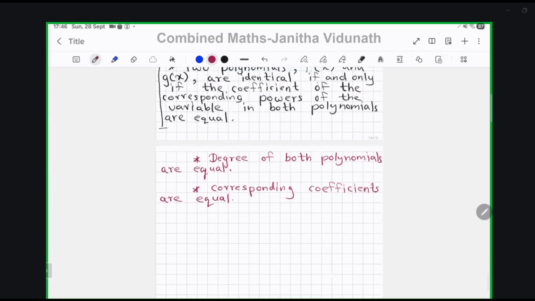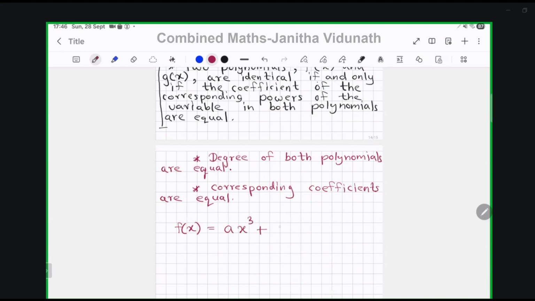That means, let's say we have a polynomial f(x) equal to ax^3 + bx^2 + cx + d. Let's say this is one polynomial. Now let's say we have another polynomial g(x) equal to px^3 + qx^2 + rx + s.